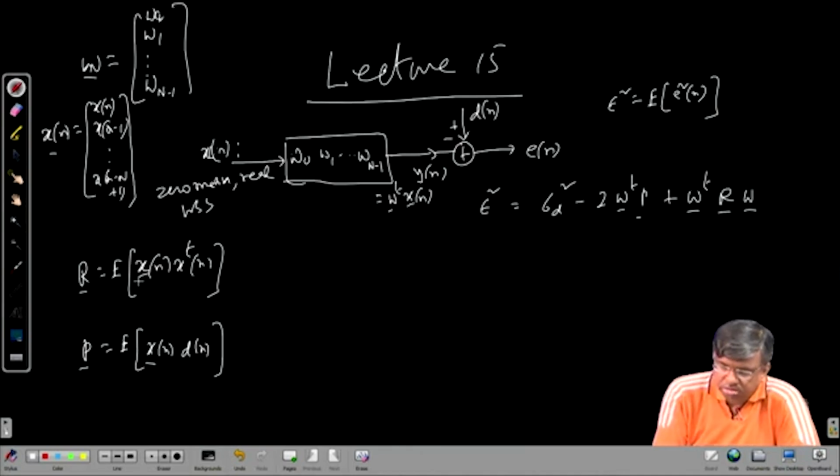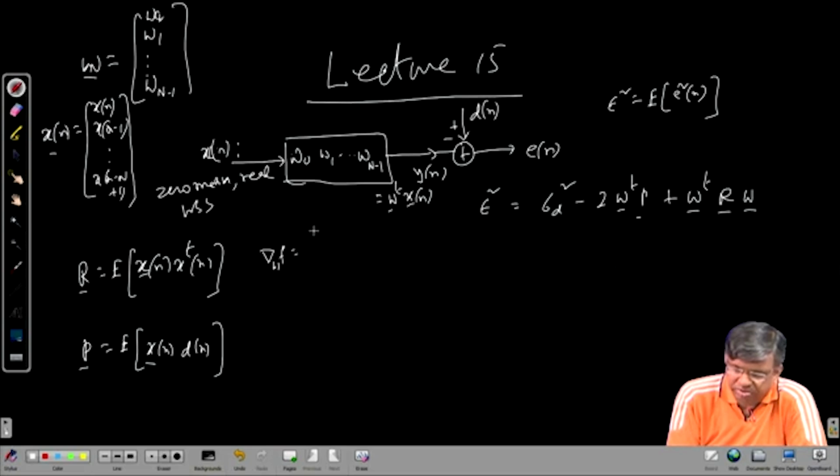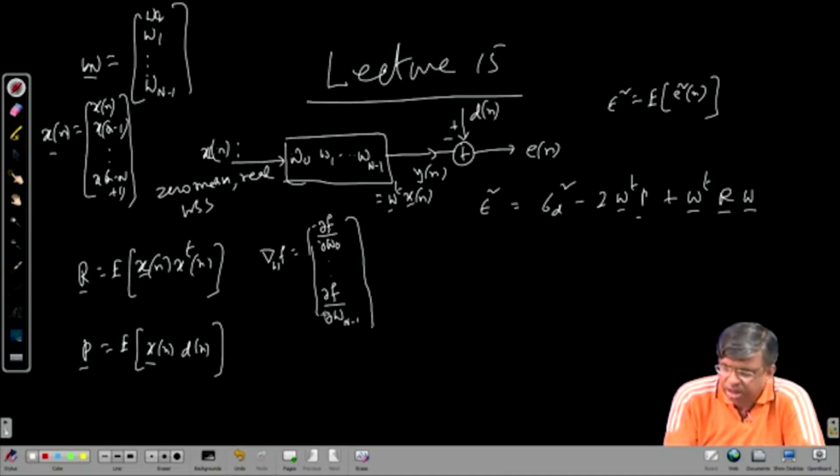Okay. So, then I defined this total derivative operator, which is, if you have a function f, you take the partial derivatives and stack them in a column: del f with respect to del W0, dot dot, del f with respect to del W n minus 1. Okay.